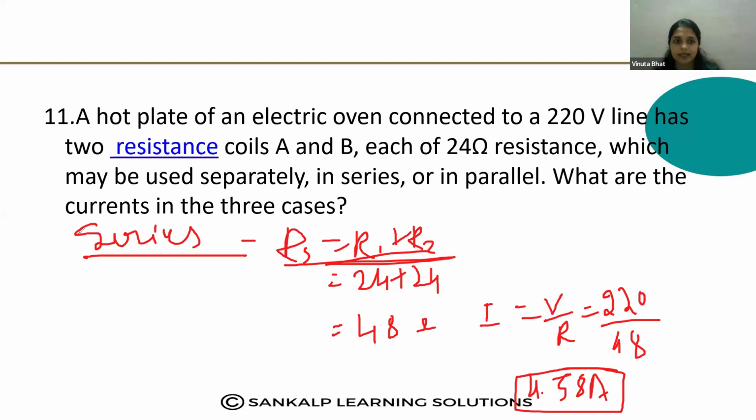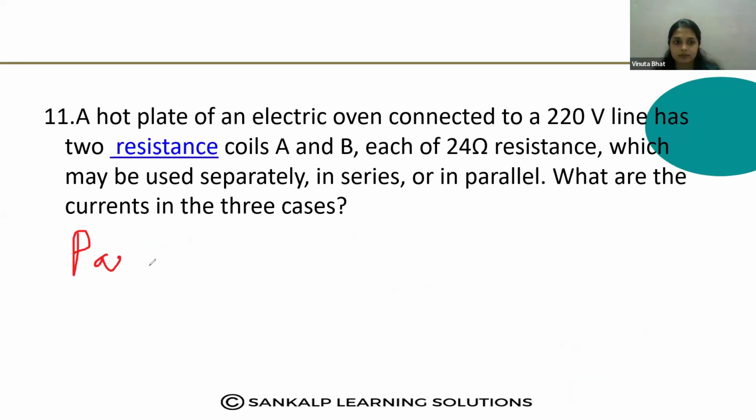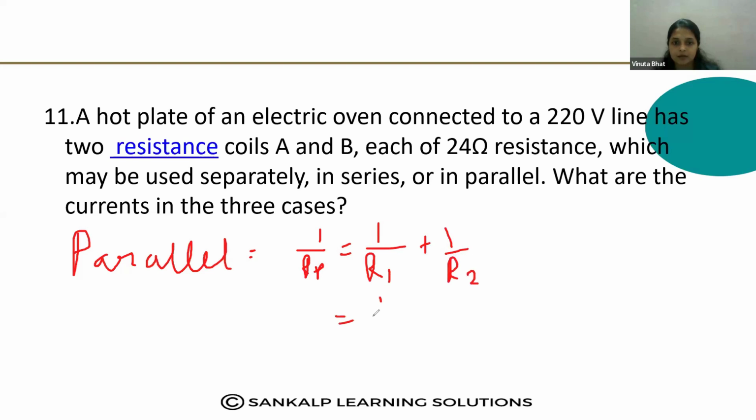Next case is when they are connected in parallel. So 1 by Rp is equal to 1 by R1 plus 1 by R2, is equal to 1 by 24 plus 1 by 24, that is equal to 24 divided by 2, 2 ones are 2, 12.